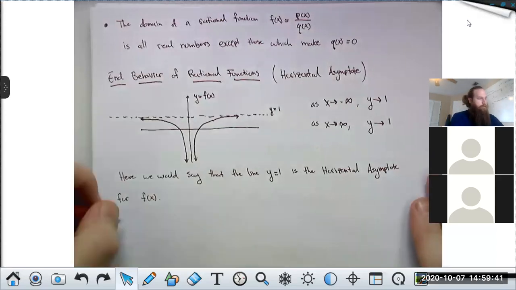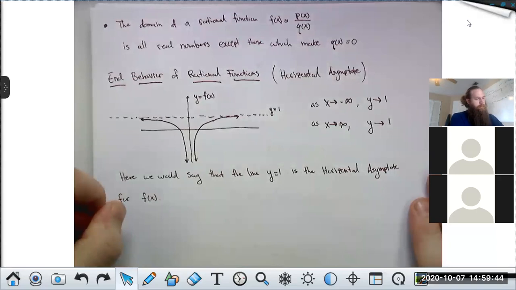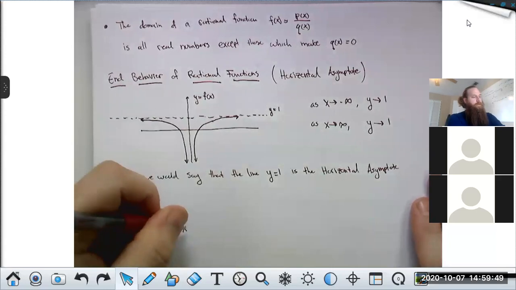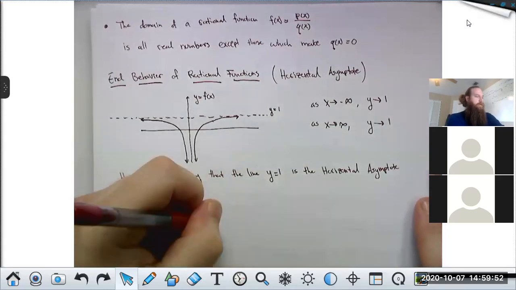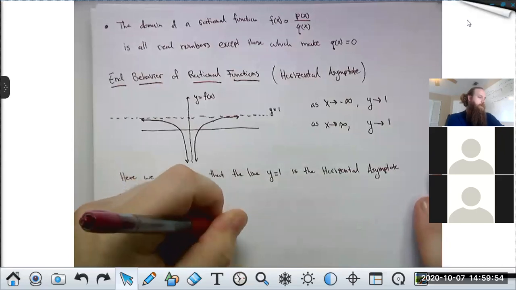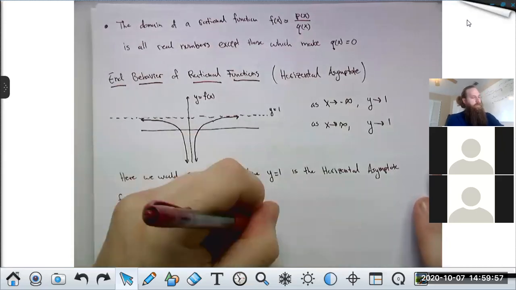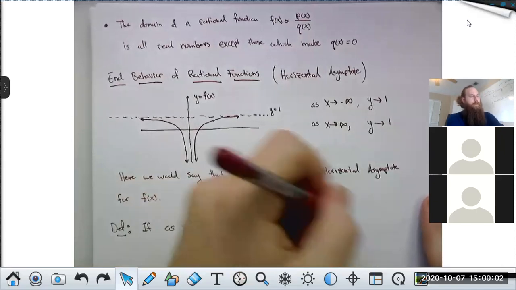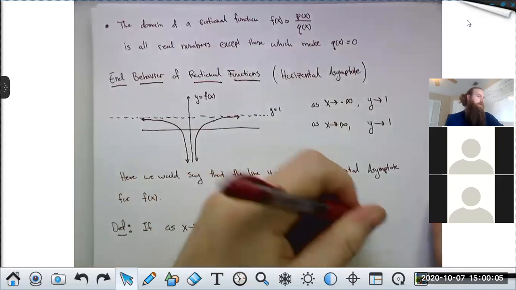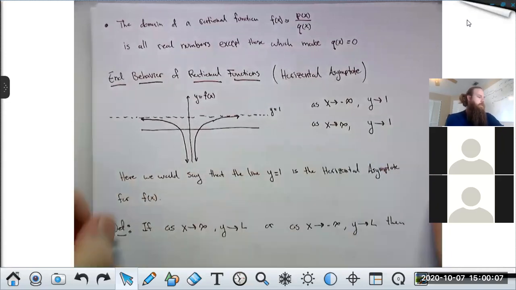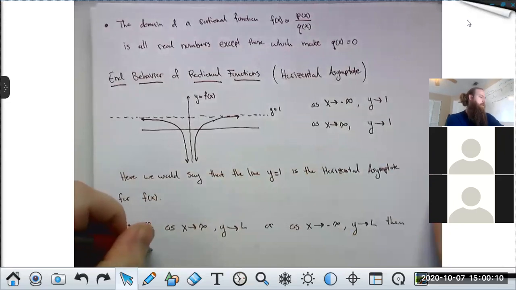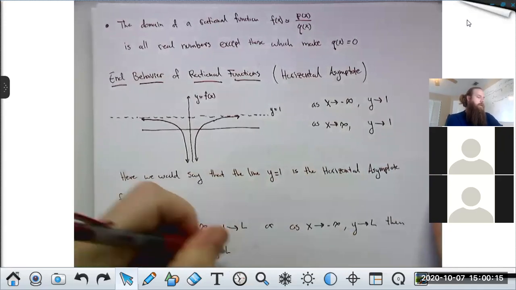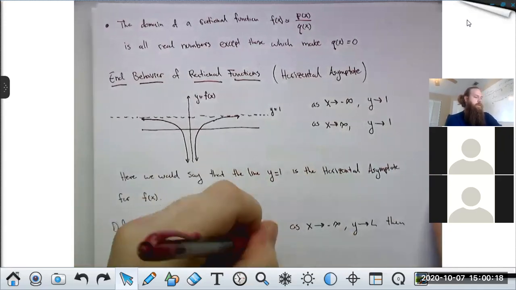In general, here's the definition. If, as x goes to plus infinity, y goes to some number L, or as x goes to negative infinity, y goes to L, then we say the line y equals L is a horizontal asymptote.